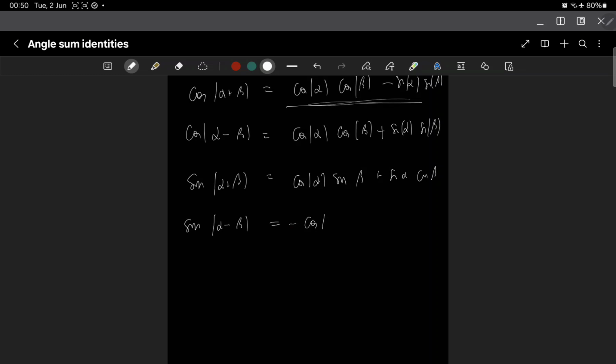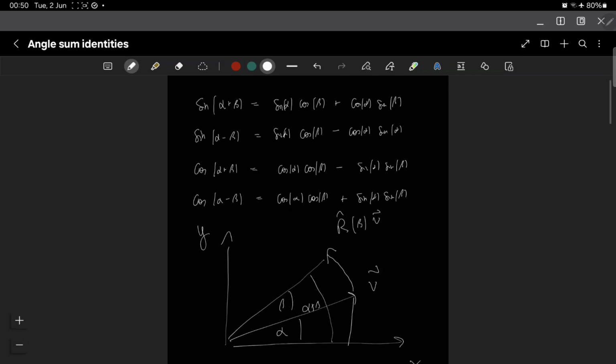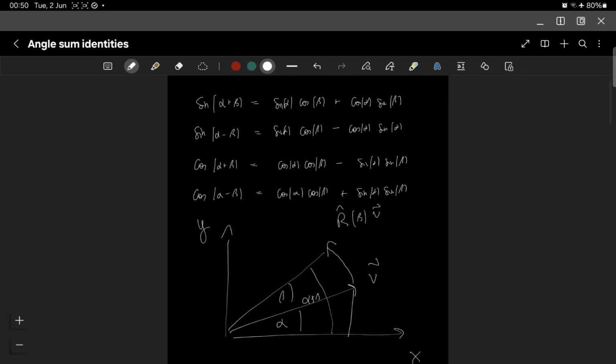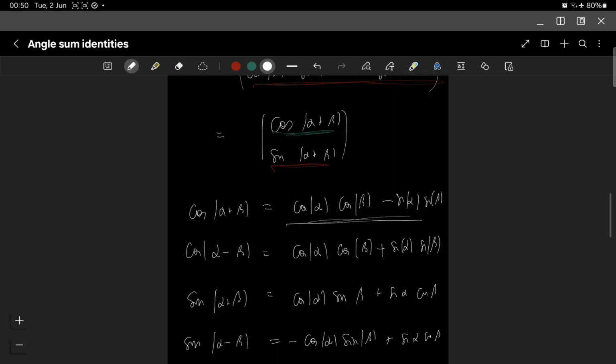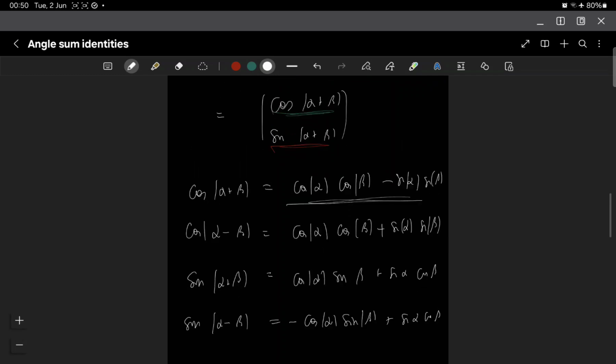So we get minus cosine alpha sine of beta plus sine of alpha cosine beta. That's it. If you compare this, these are exactly these two identities over here, right? So there you go. That's the way you can very easily remember.